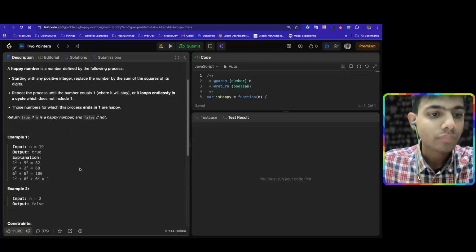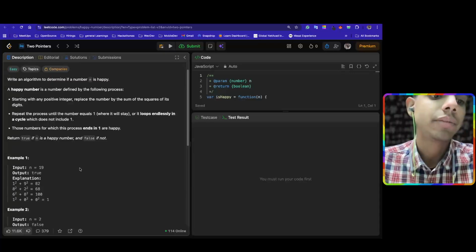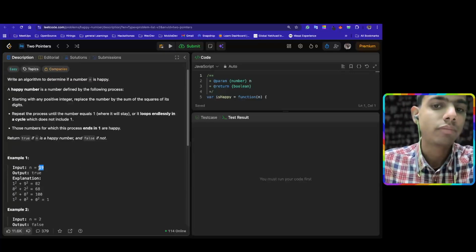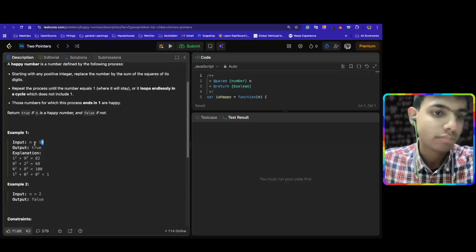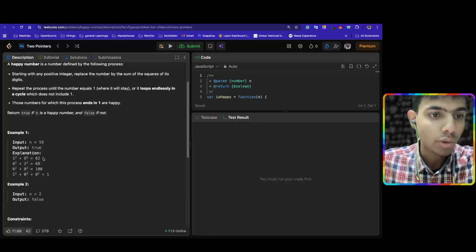So we need to do something like, we have 19 as a number. What we need to do in a loop: the first digit is 9 and the second digit, at the tens place, is 1. So the square of 1 plus the square of 9 is equal to 82, right guys? Then the square of 8 plus the square of 2 is equal to 68. The square of 6 plus the square of 8 is 100.